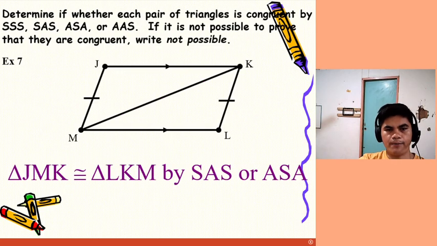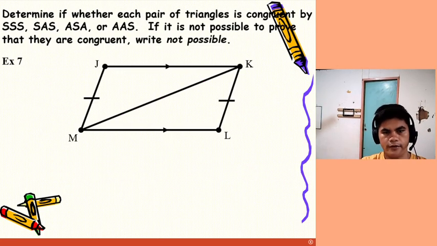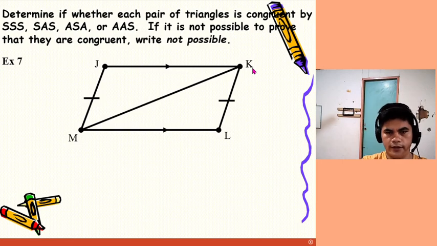Okay? Example number 7. We have side JM and side KL congruent. Next, we have JK and ML, they are parallel. So JM and KL are congruent, given. Then angle, right?